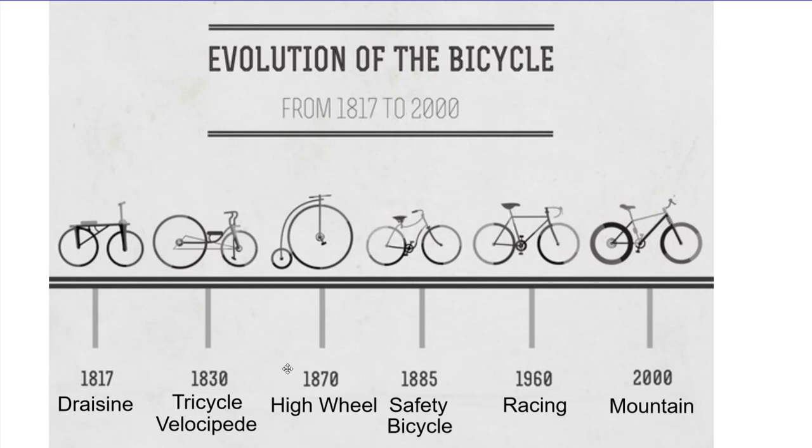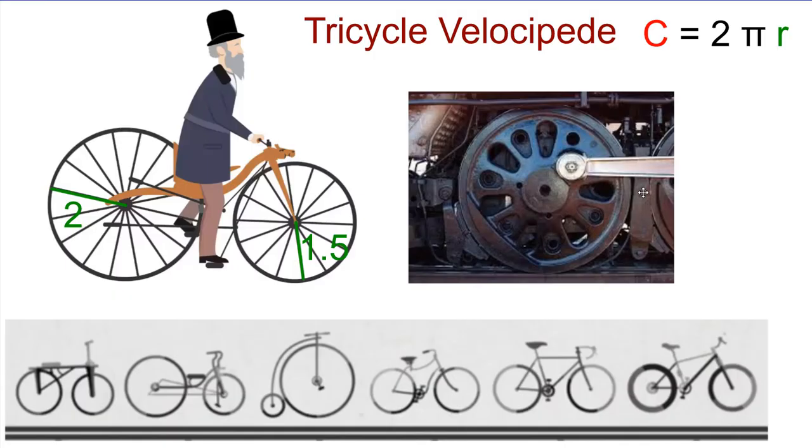And then the high wheel, which of course is very famous for high class society, yes. Then the safety bicycle, which was called the safety bicycle because the high wheel was not very safe, and so it was kind of a market reaction to what was going on. And then more traditional racing street bikes, and then mountain bikes, which came around apparently in the 2000s.